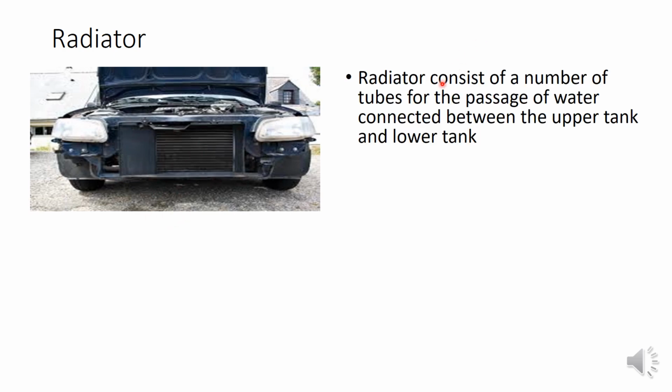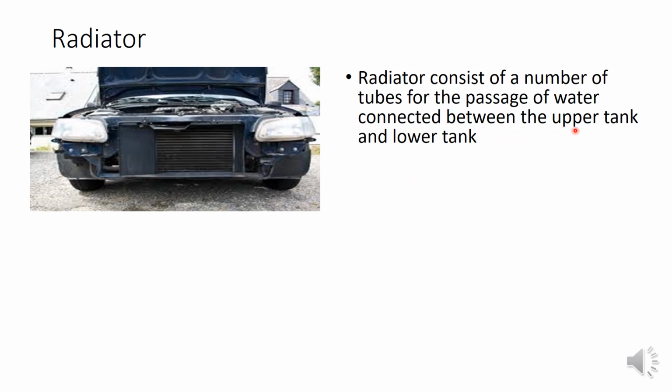So what is a radiator? A radiator mainly consists of a number of tubes. In the previous figure you can see a number of tubes for the passage of water between an upper tank and a lower tank. So all radiators will have 2 tanks, mostly one upper tank and one lower tank.